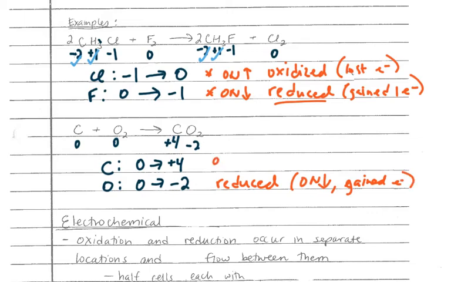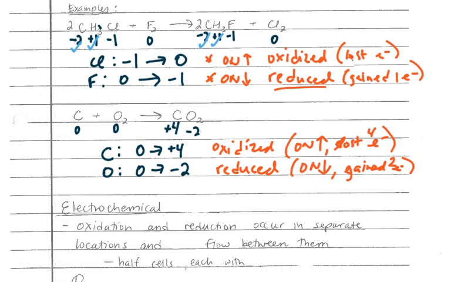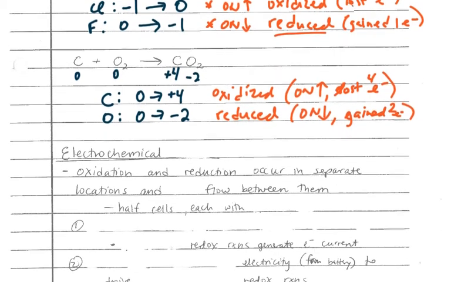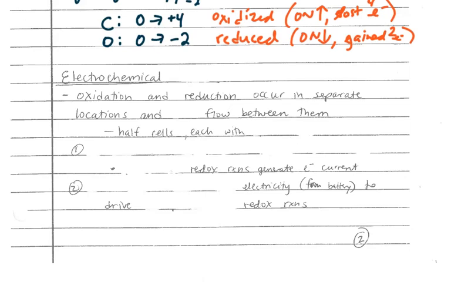And that means that the other one, the carbon, got oxidized, and we know that because the oxidation number went up, and it went up because it lost electrons. In this case, the carbon lost 4 electrons, and each oxygen gained 2 electrons. That's because of the magnitude of those charge changes. Okay, so now we know how to identify redox reactions.